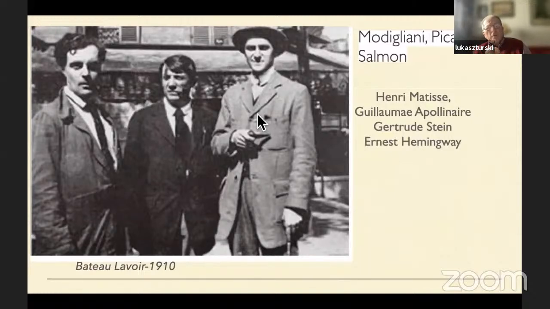The lost generation was a name Gertrude Stein affixed to a bunch of mostly American intellectuals, young writers and poets who had found their second place to live in Paris at that time.